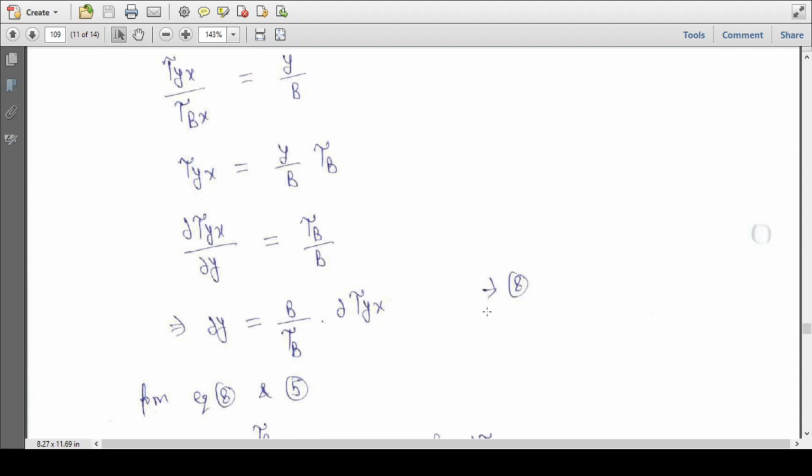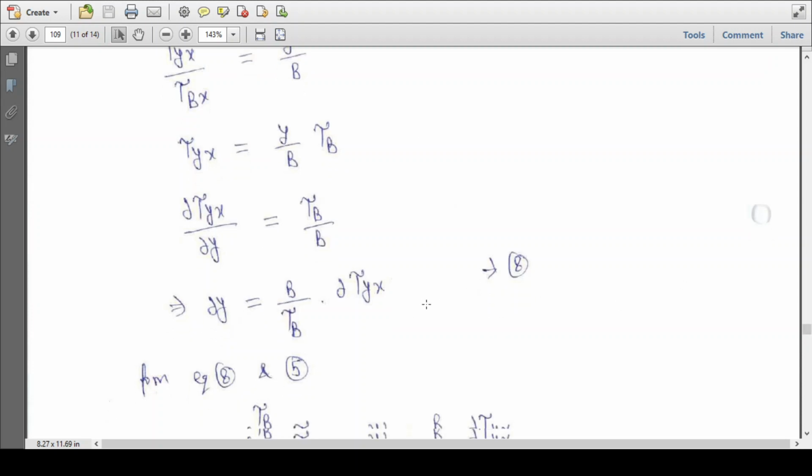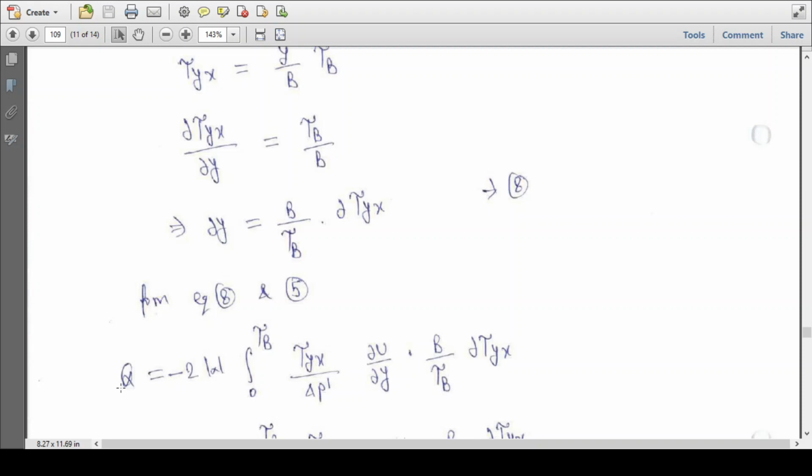So we can substitute this into equation number 5. Equation number 5 was this here. This is the term you already have, tau yx, the term for y. This you already have, del u upon del y. This is the expression for del y, so del y you have now here.